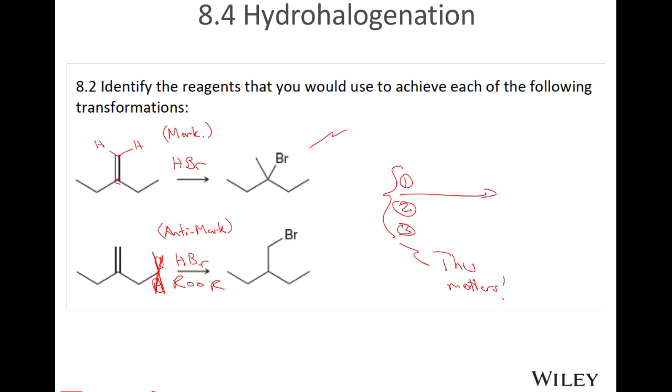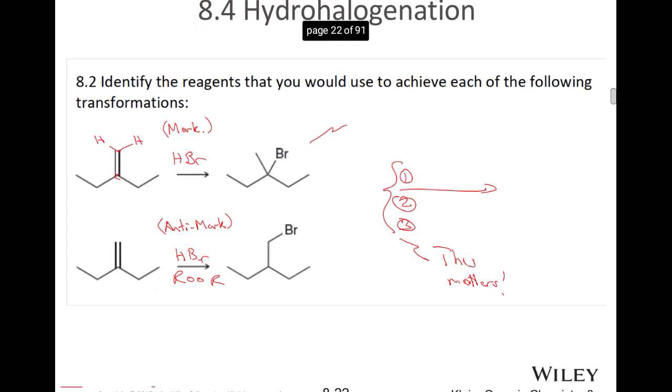You have to know when steps are important and when they're not important. In this case, anti-Markovnikov addition, the peroxides must be added at the same time as the HBr. Otherwise, you would only get the Markovnikov product if you were to add them in sequential order.